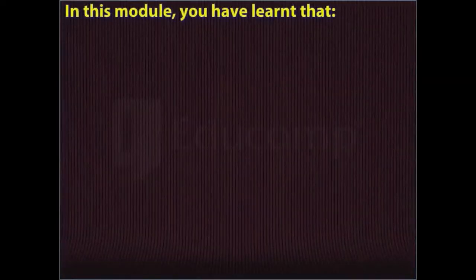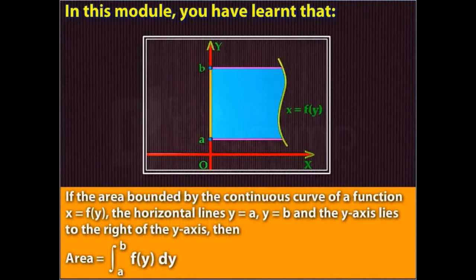In this module, you have learned that if the area bounded by the continuous curve of a function x equal to f of y, the horizontal lines y equal to a, y equal to b, and the y-axis lies to the right of the y-axis, then the area is equal to the definite integral from a to b of f of y dy.